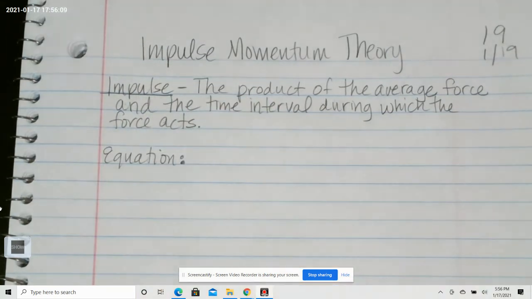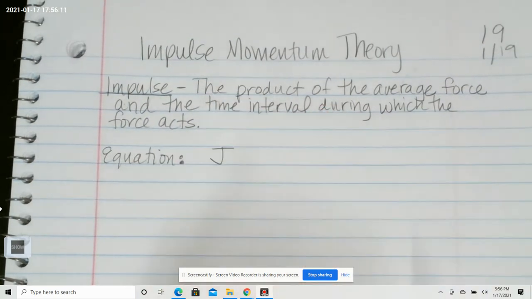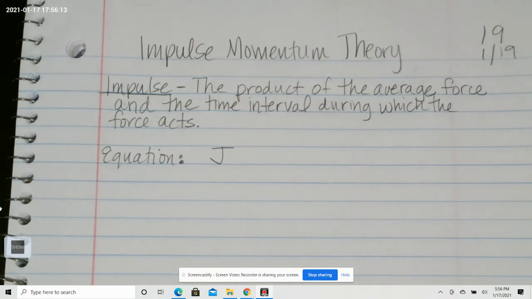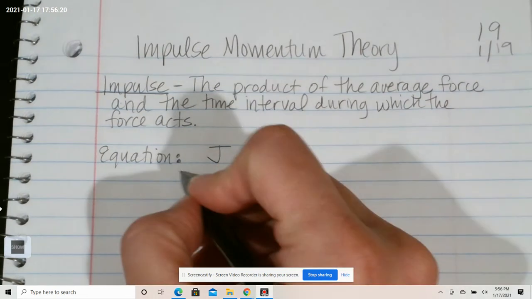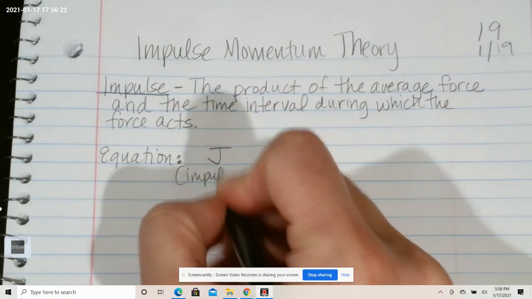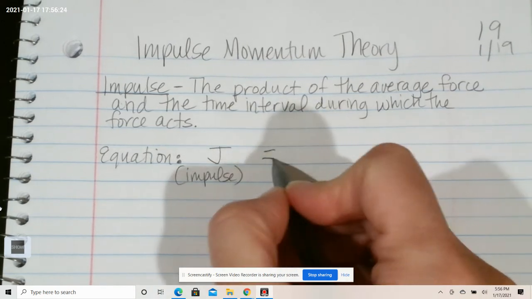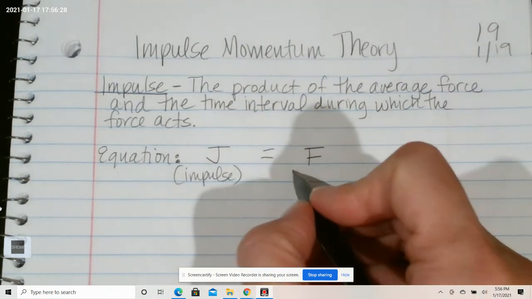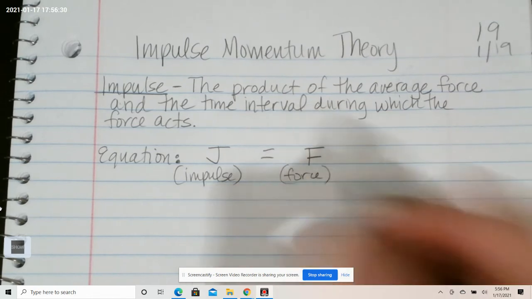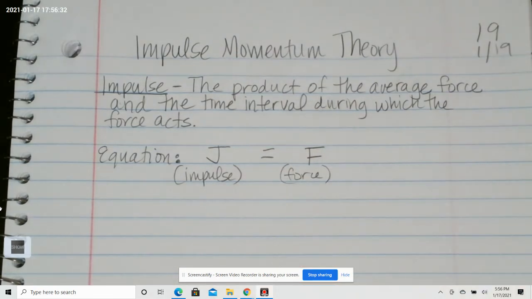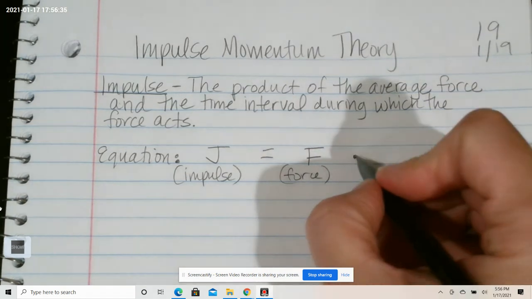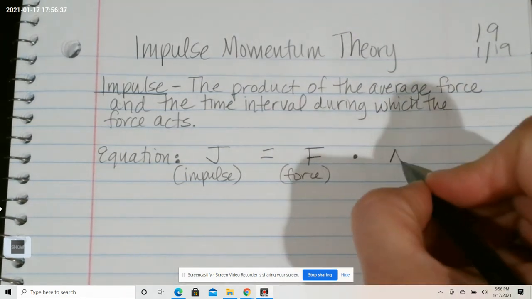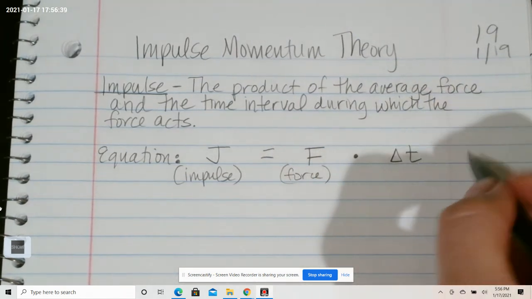For impulse, we actually use a new variable, which we call J. So J is the impulse variable. It's not I, it's J. Impulse equals the product of the average force and the time interval, or the change in time.